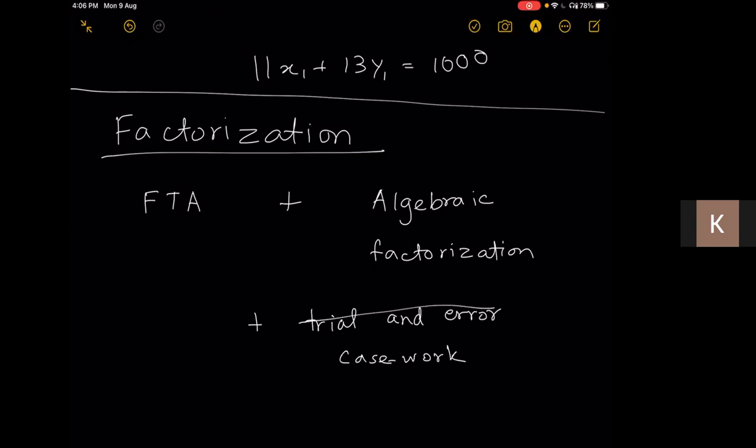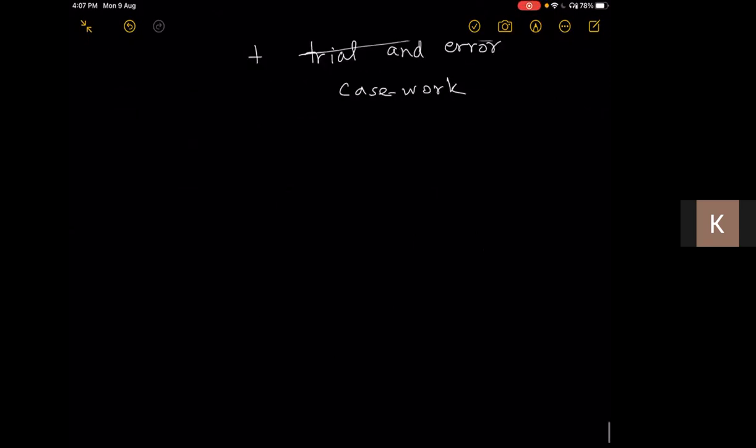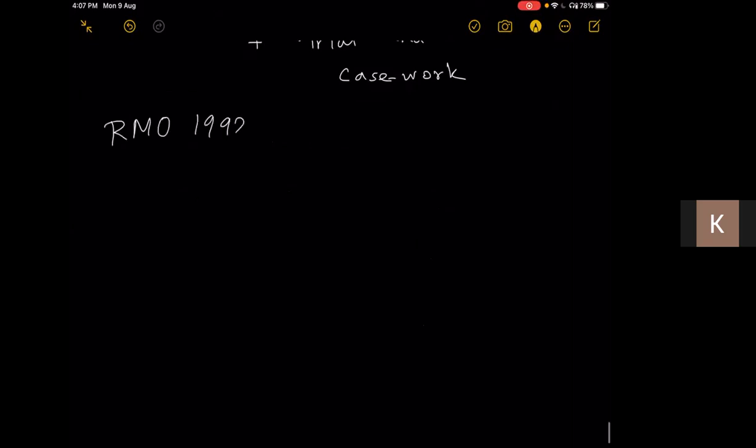Let us see an example that will make things clear. Let me open an example. So this came in RMO 1992, and just for fun, let me change the ink color again.